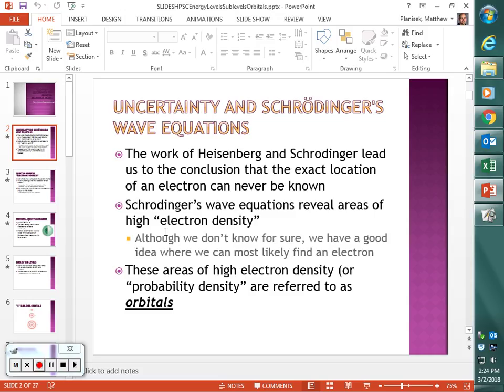Say that they might be there in the future. We can predict that that will be a likely place for them in the future. And what do we call those areas of high probability? Orbitals. Okay? They're not orbits like Bohr said. They're orbitals, right? We think they're going to be there, but we're not really sure.